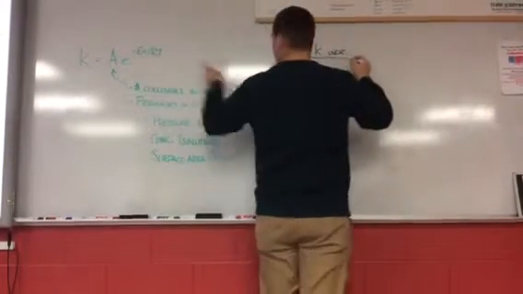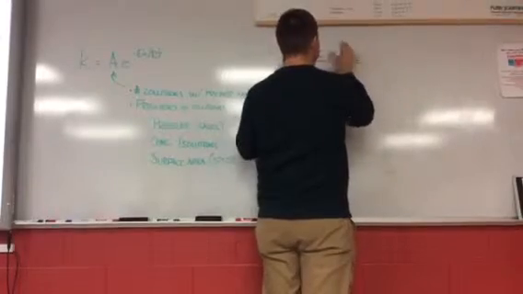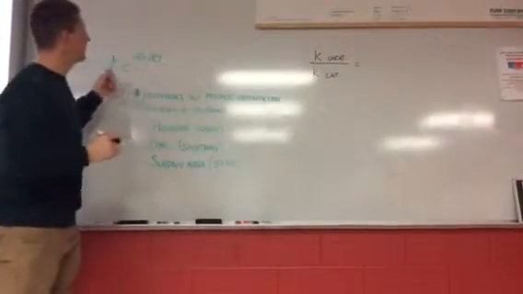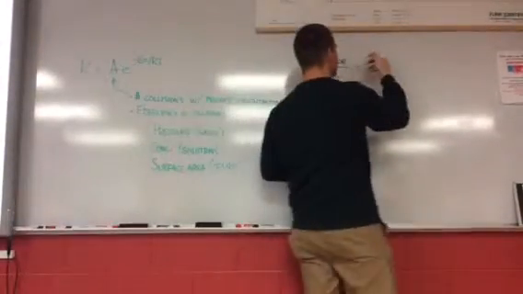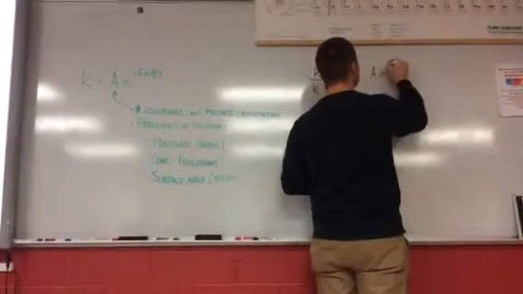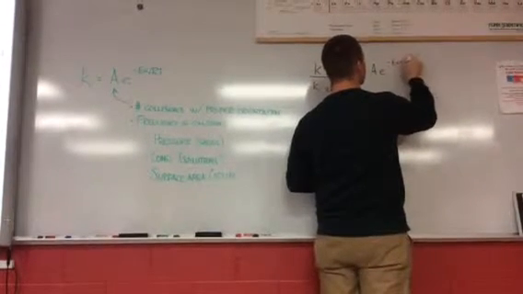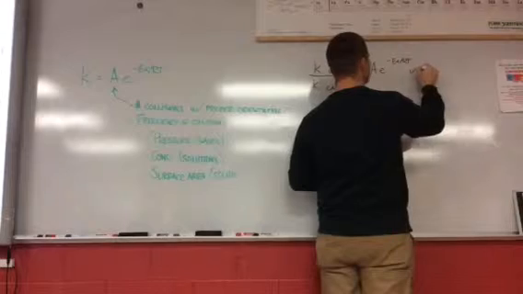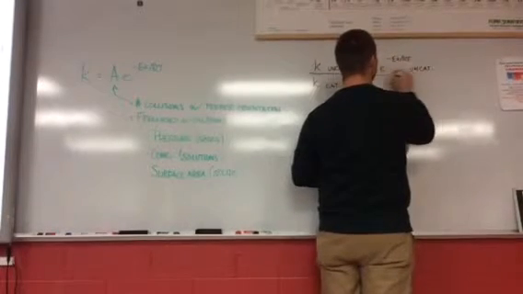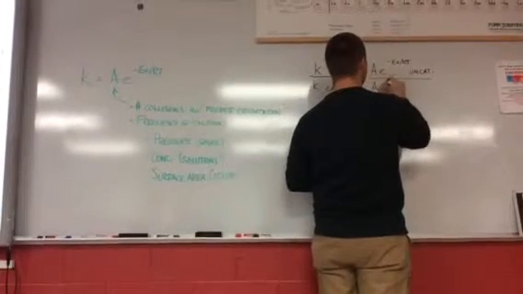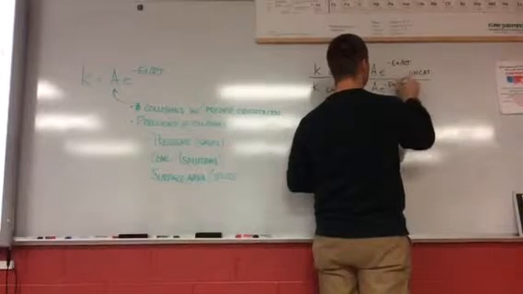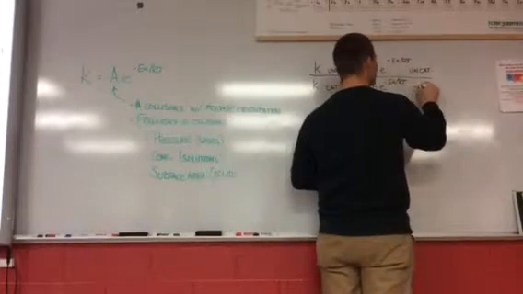Well, using the Arrhenius equation, since K is equal to A times e to the negative EA over RT, this ratio would equal A times e to the negative EA over RT of the uncatalyzed over A times e to the negative EA over RT of the catalyzed.